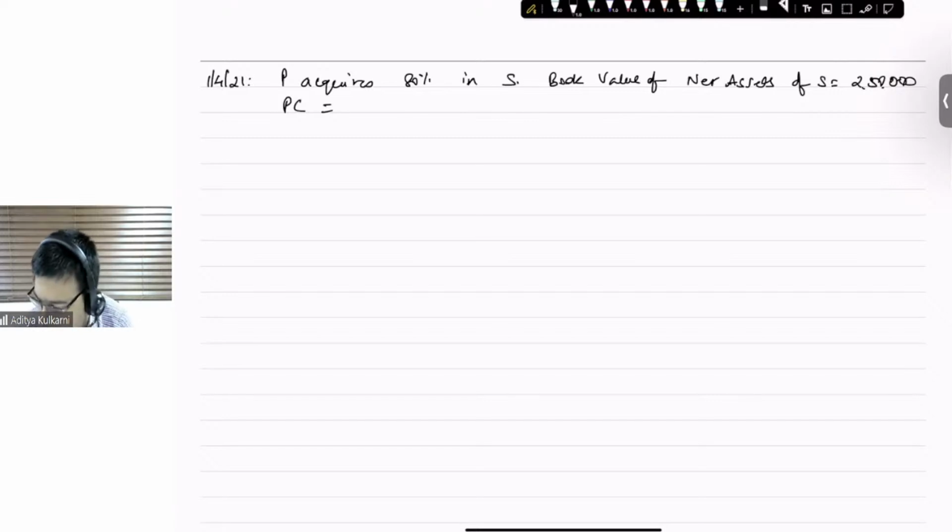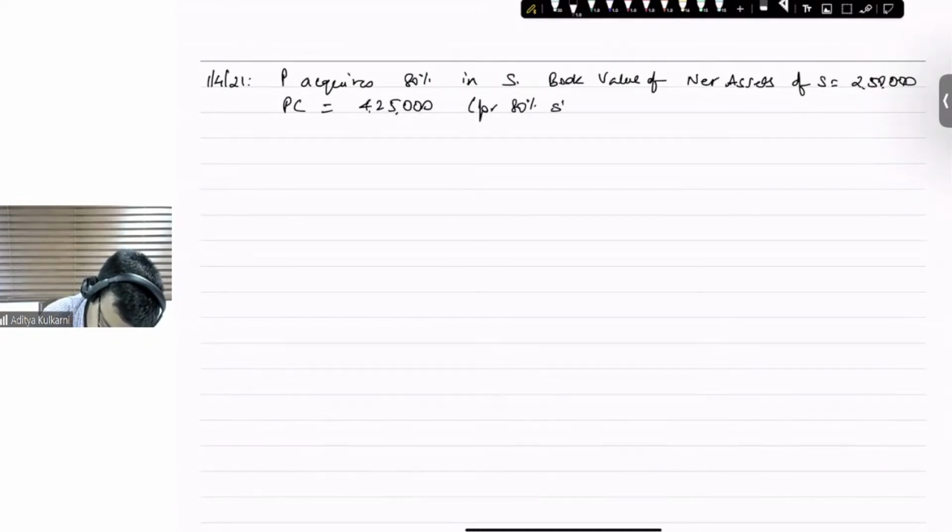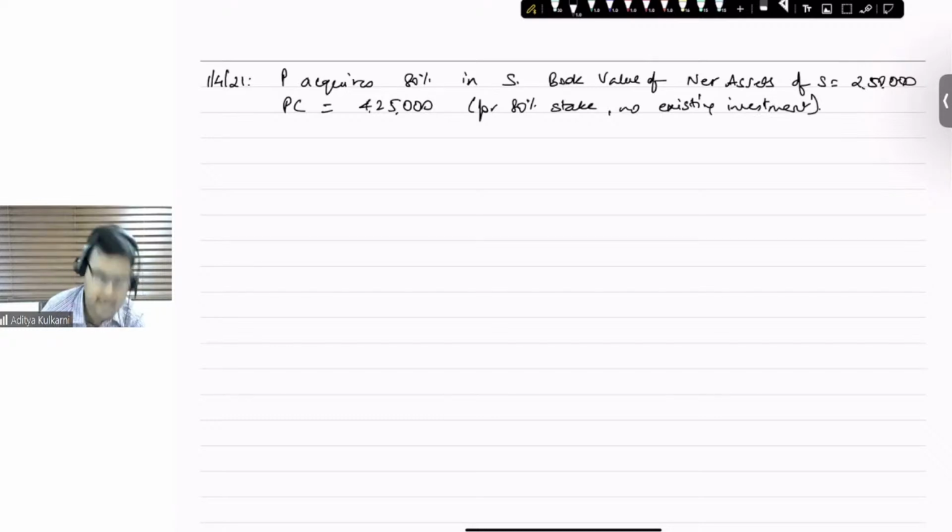PC is equal to $425,000 for 80% stake. No existing investment. Okay, so it is acquired at one time only. No existing investment, and this is paid in cash, so it's fairly simple.